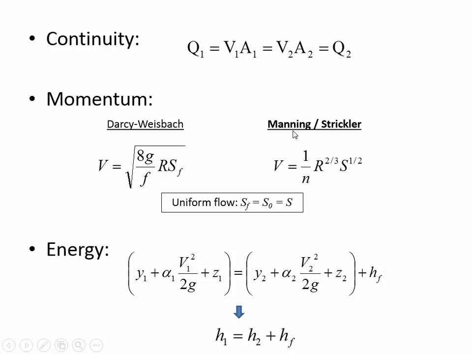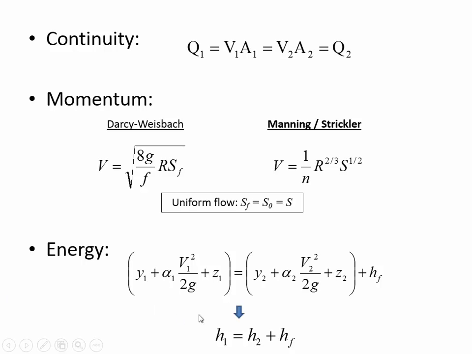The Manning equation relates the slope in uniform flow, so the water slope, the slope of the channel, and the slope of the energy grade line are all equal if we have uniform flow. Manning's equation says for some roughness value n, you can know the velocity by having a description of R, the hydraulic radius of the channel. We'll start using Manning's equation next week.